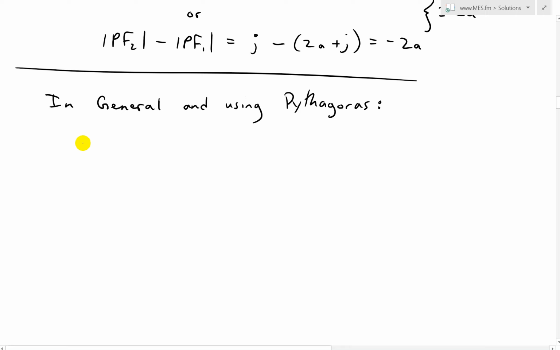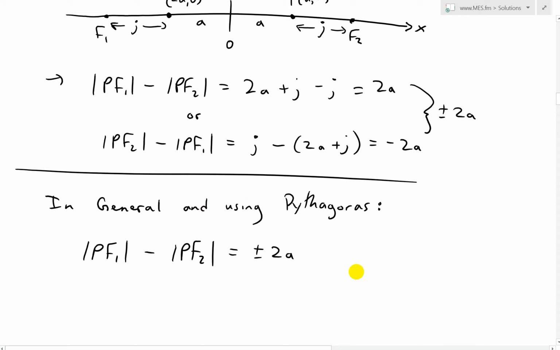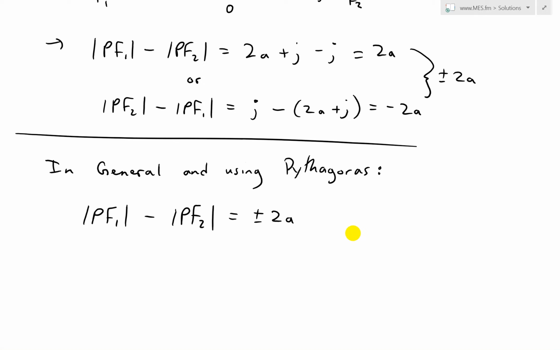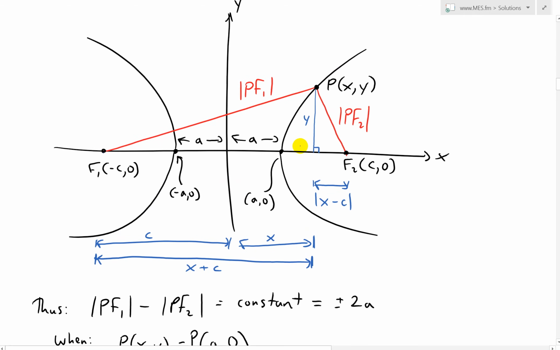First of all, let's write down the definition: PF1 minus PF2 equals plus or minus 2a. And again, it could be plus or minus because it depends on which one you choose as PF1. It could be the left side or the right side and where the point is, and so on. But the constant is plus or minus 2a. So now PF1 is going to be this line across here. Using Pythagoras, x plus c squared plus y squared equals this one.